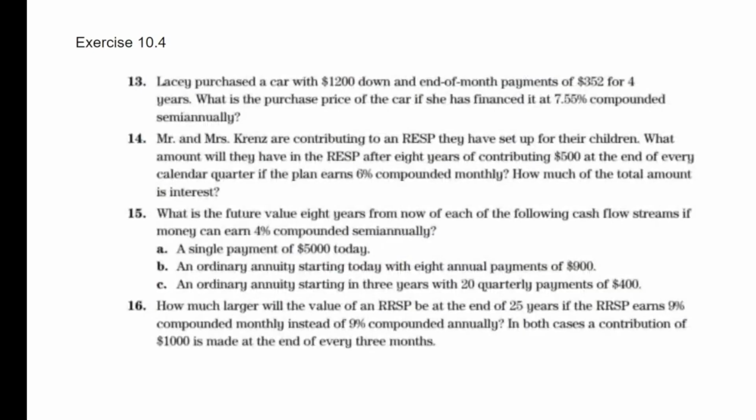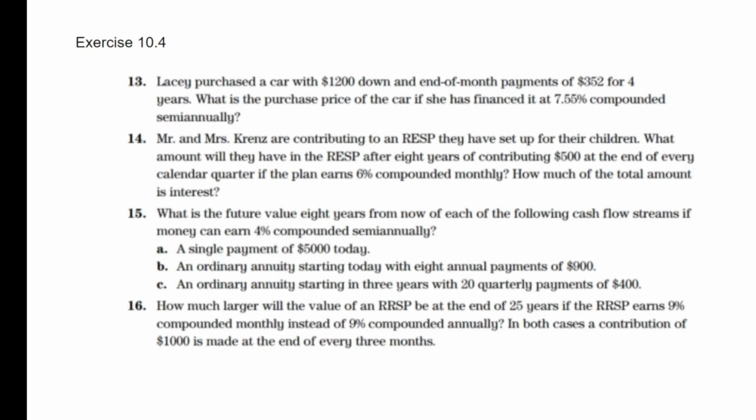Number 16 says, how much larger will the value of an RRSP be at the end of 25 years if the RRSP earns 9% compounded monthly instead of 9% compounded annually? In both cases, a contribution of $1,000 is made at the end of every 3 months.